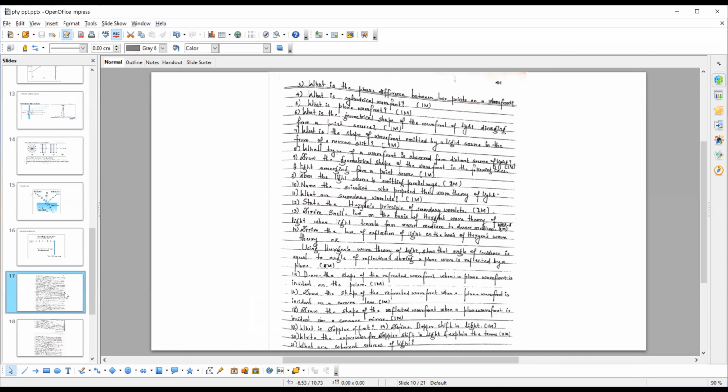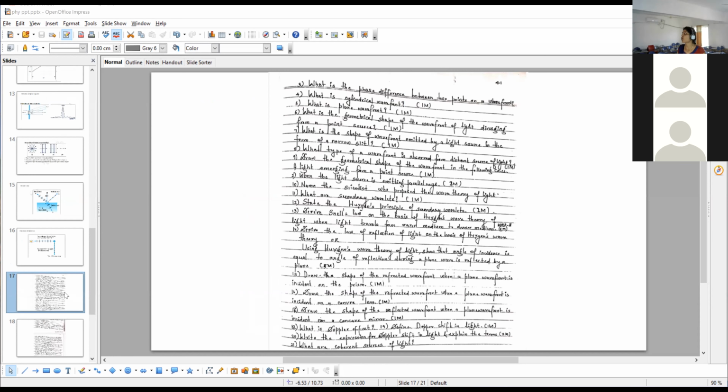And next, based on whatever concepts we discussed from the start up to this class, how will they ask the question? They may ask what is the phase difference between 2 points on a wavefront.